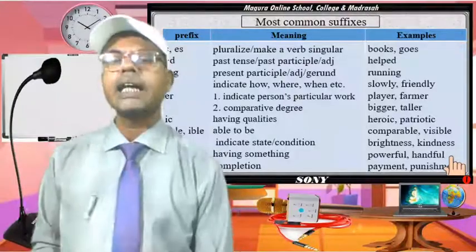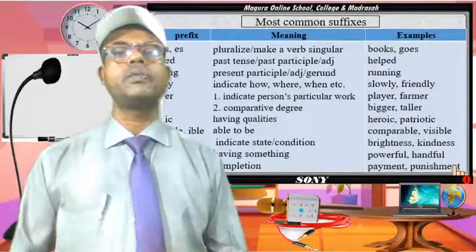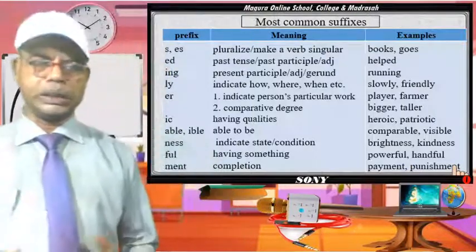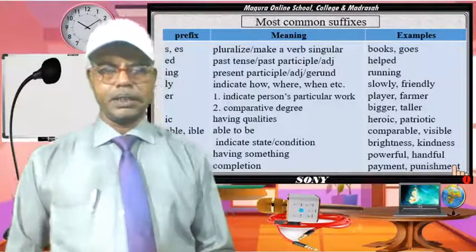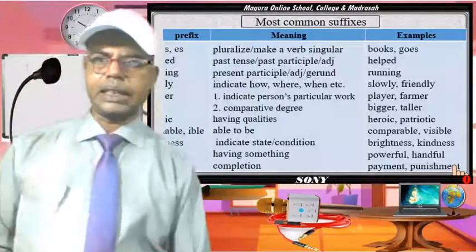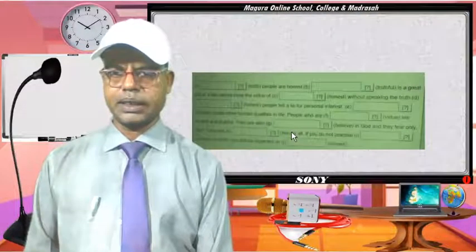Powerful, handful, something like that. Ment, generally to make a noun we use ment at the end of the word. Suppose payment, agreement, something like that. Okay, I think you understand clearly.